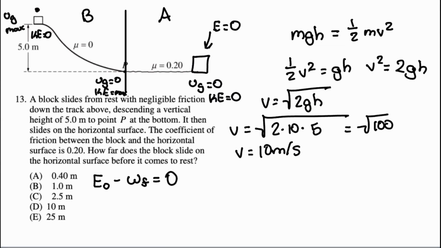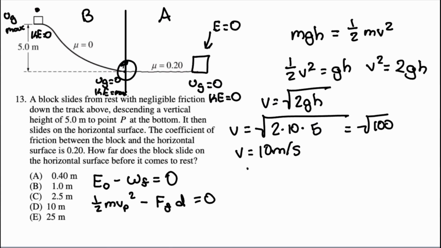And at point P, the only energy that it possesses is kinetic because our potential energy is 0. So it's going to be 1/2 mv naught squared, our speed at point P. So I guess instead of naught, we're just going to put P squared, minus the work done for friction. So that's actually just going to be equal to the force of friction times the distance traveled, which is what we want, is equal to 0.